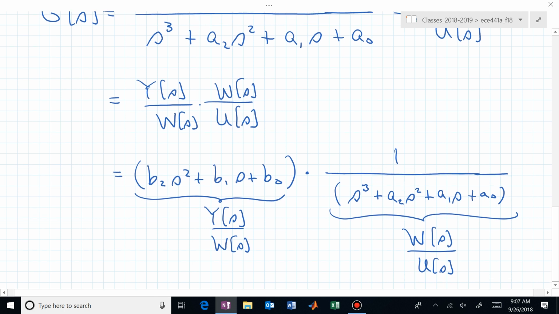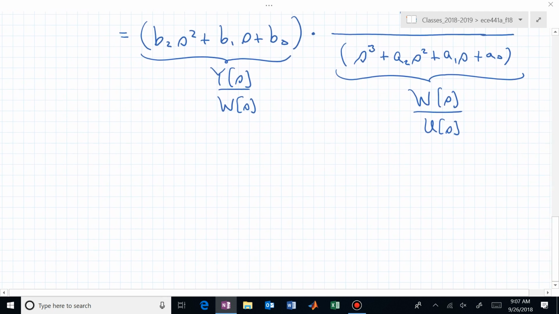All we've done is factored a transfer function and introduced a new variable, w. You could call it whatever you want. I'm just going to call it w of s, to be the output of one and the input to the cascaded piece of that separated transfer function.